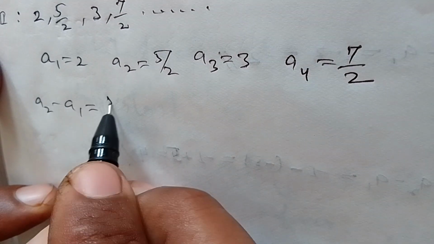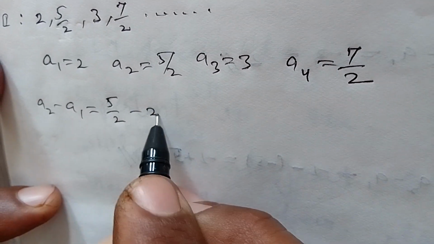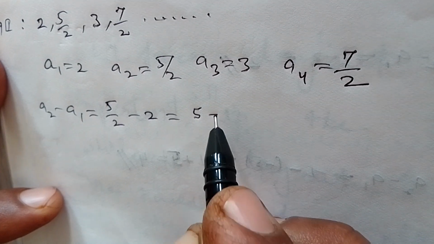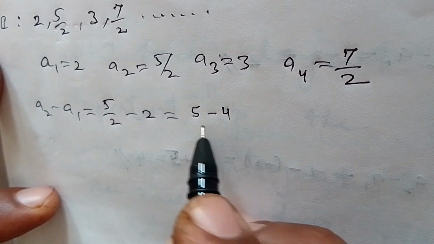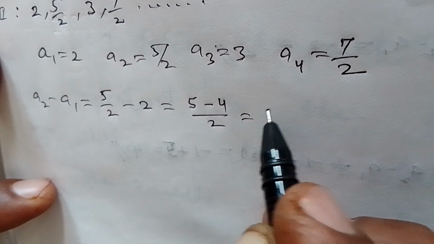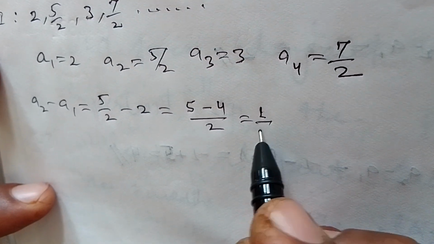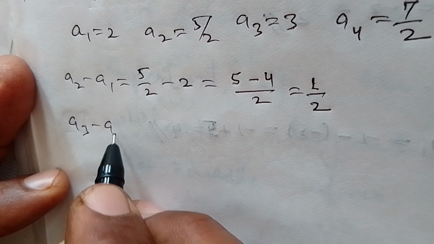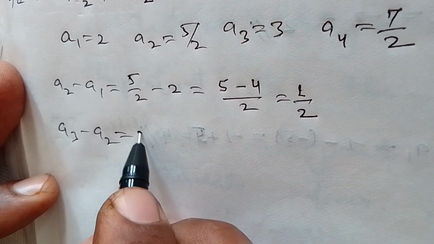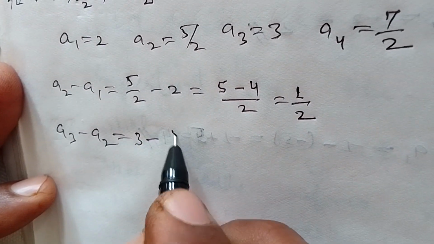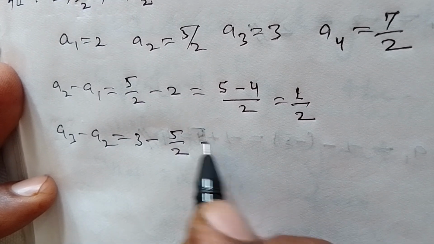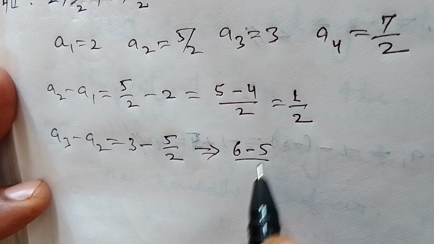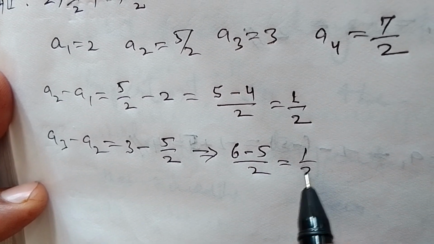A2 is 5 by 2, A1 is 2. So it comes out to 5 minus 4 divided by 2, which is 1 by 2. Then A3 minus A2. A3 is given 3 and A2 is given 5 by 2. So 6 minus 5 divided by 2 comes out to be 1 by 2.